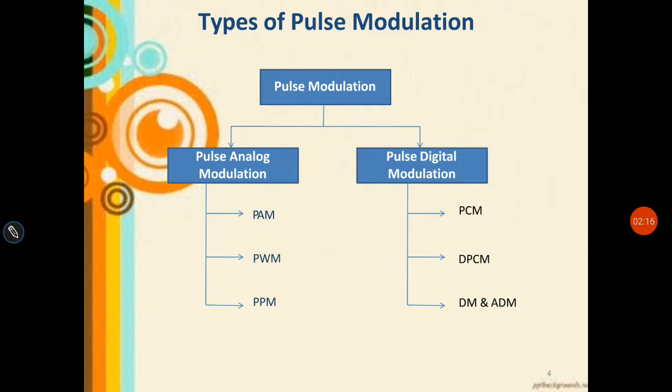Pulse digital modulation is categorized into three: first the PCM, pulse code modulation; next the DPCM, differential pulse code modulation; and the last one is DM and ADM, delta modulation and adaptive delta modulation.